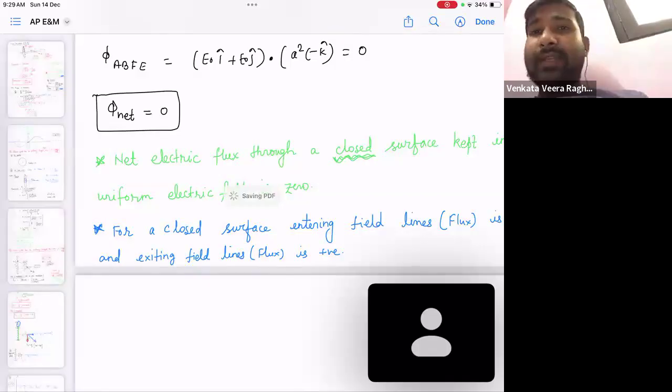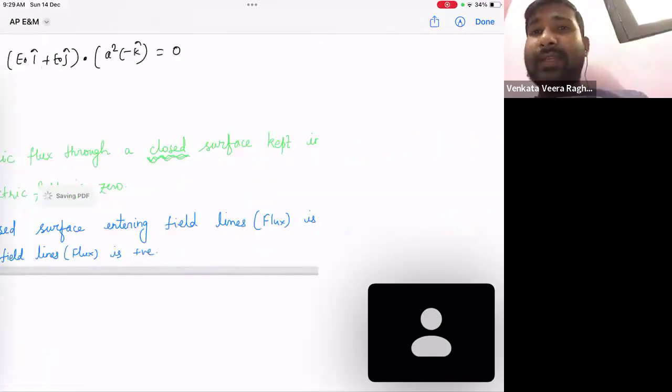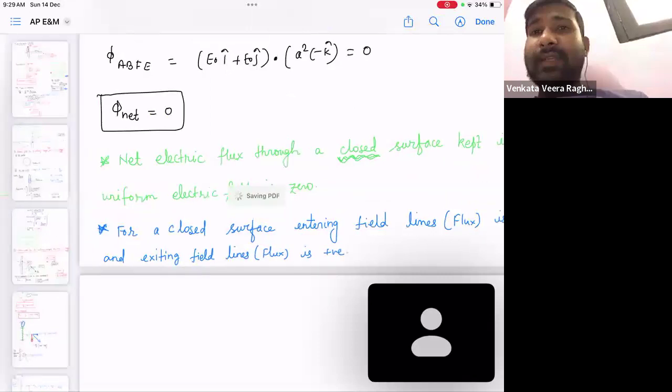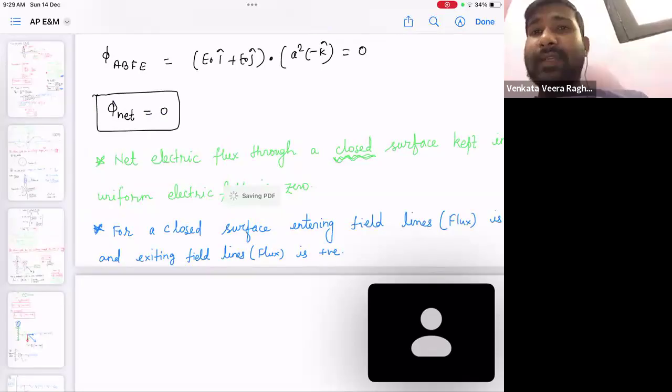That electric field will create net flux as zero. Electric flux created by a uniform electric field through a closed surface is zero. Check it.